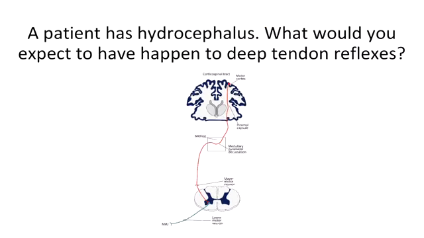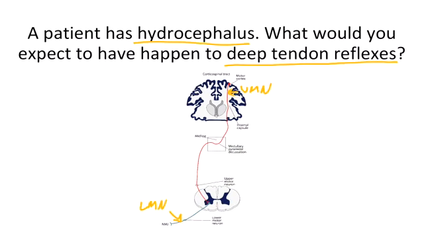So now let's do a question. A patient has hydrocephalus. What would you expect to have happen to the deep tendon reflexes? Now, hydrocephalus doesn't always cause alterations of deep tendon reflexes, but when it does, what do you expect? Well, a hydrocephalus would definitely affect the upper motor neuron, not the lower motor neuron.